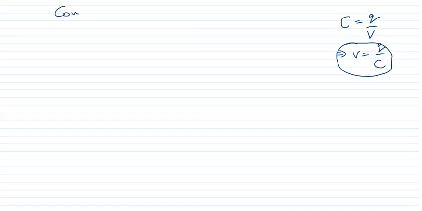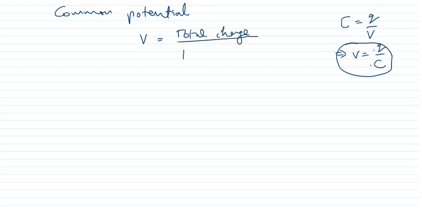Now we know this formula, C is equal to Q upon V, therefore V will be equal to Q upon C. By using this concept, we can write down the common potential when they are connected together, that will be equal to Q upon C, that is total charge divided by the total capacity.